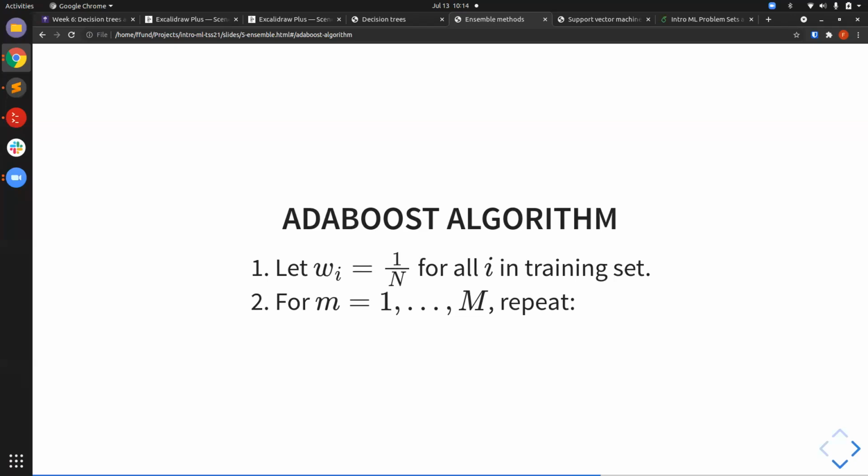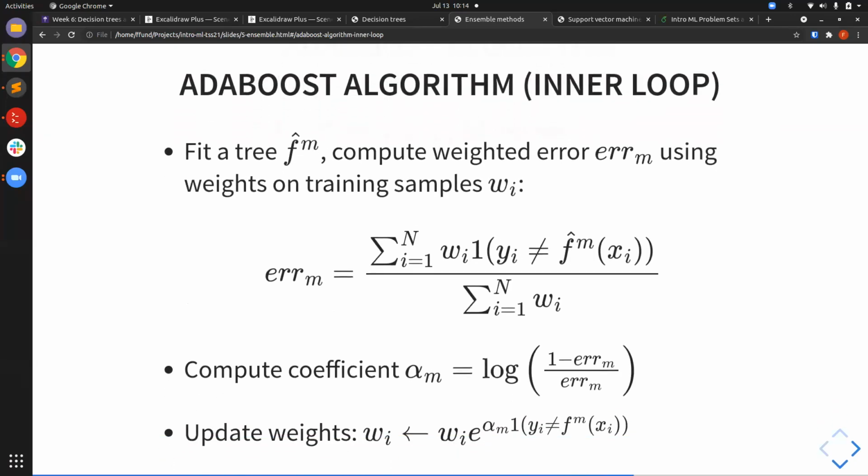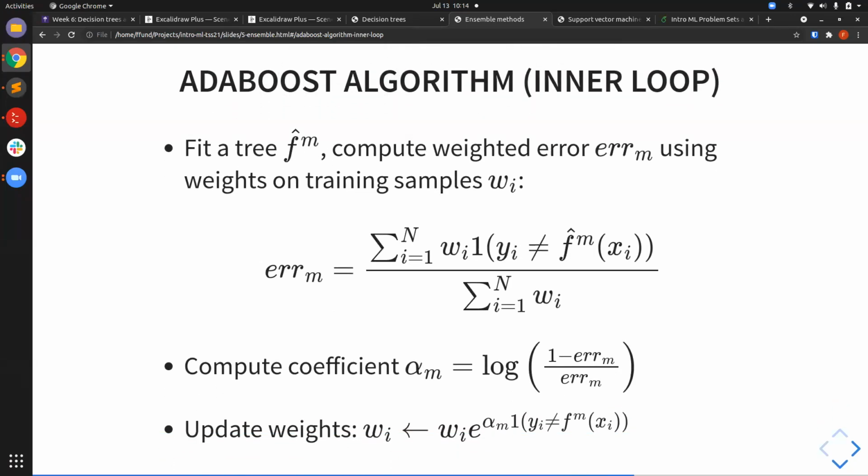Okay. So we'll compute in every stage a weighted error function and then weights for the next stage. And remember, in every stage, we're fitting kind of a shallow tree.